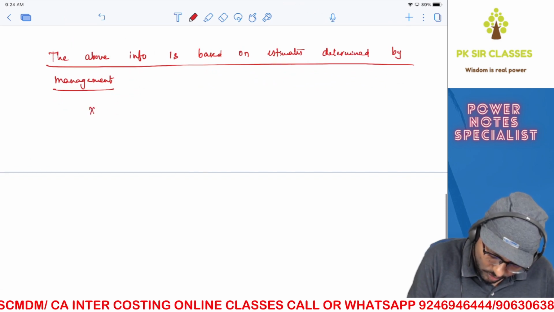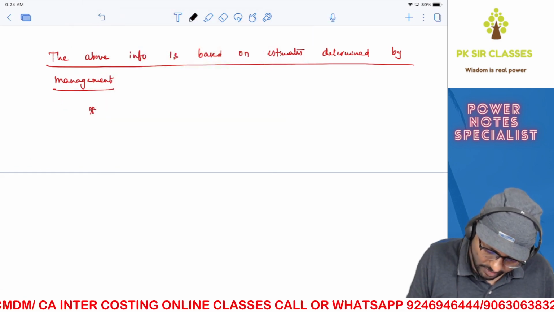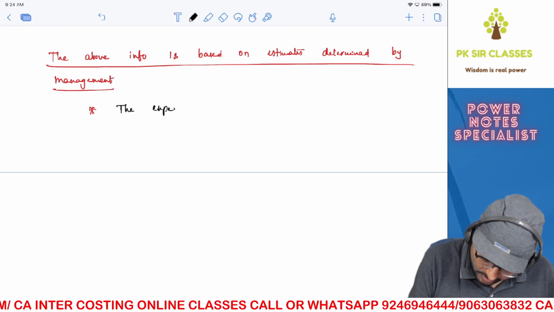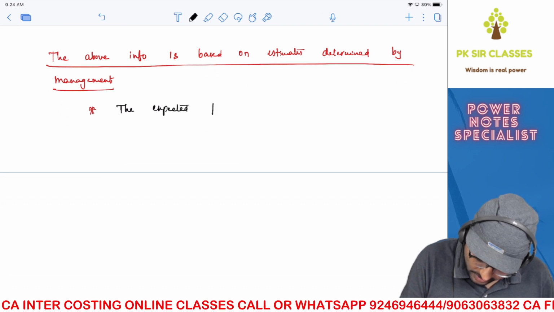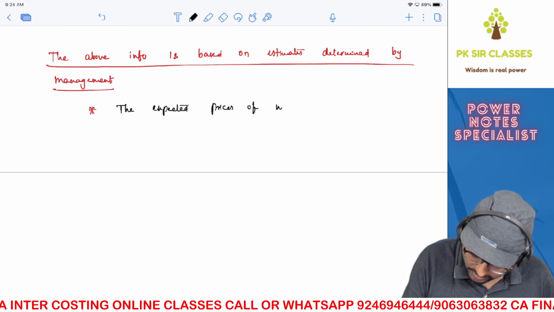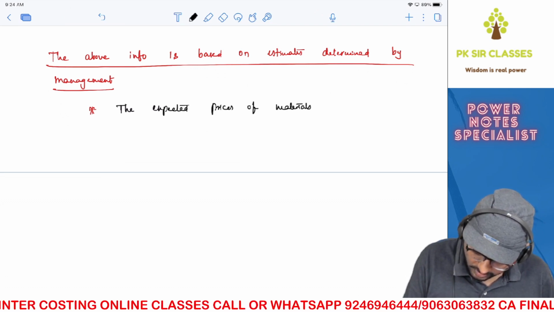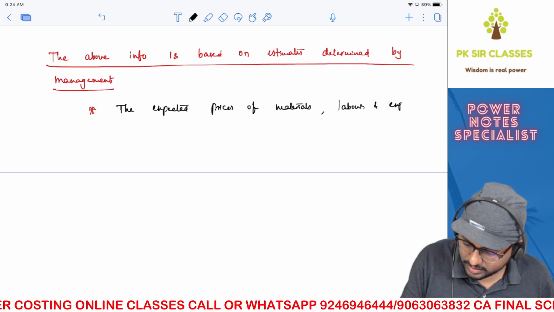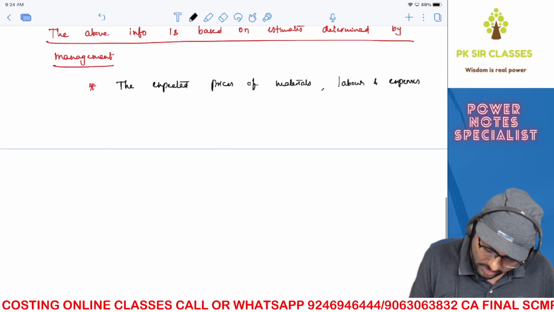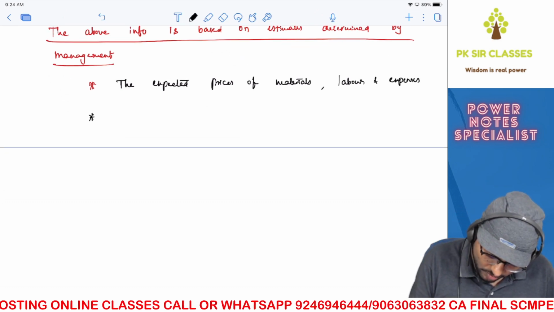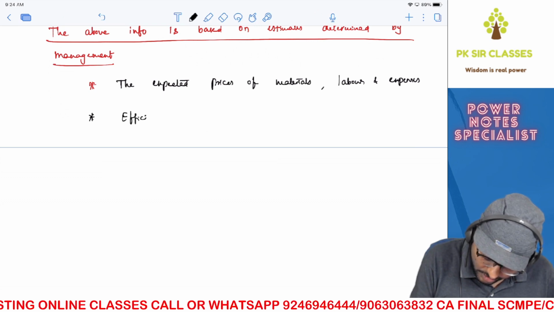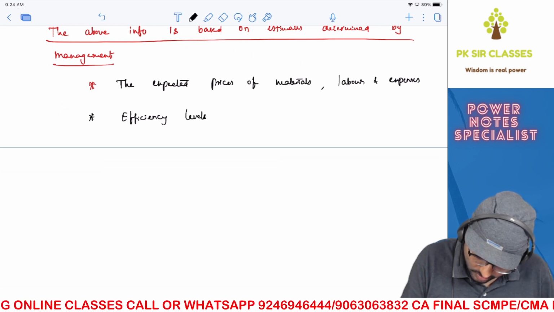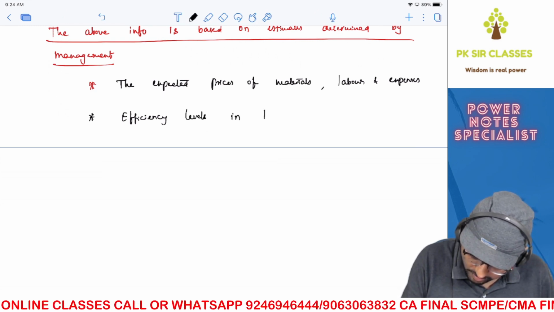Okay, how do they do that? There are so many things, for example, based on the expected prices of materials, labor, and other expenses. So they'll just try to estimate it. They'll expect that it will be so much, and also based on efficiency levels in the use of materials and labor.